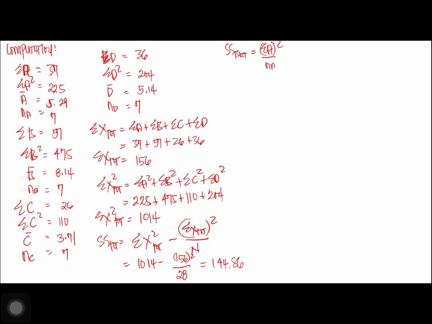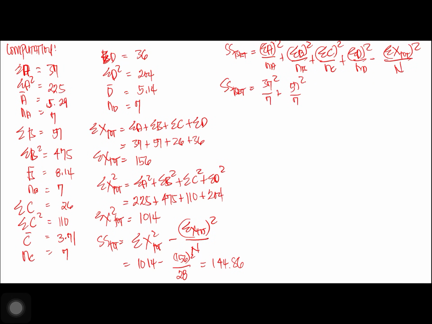For SS between, that would be summation of A squared over NA plus summation of B squared over NB plus summation of C squared over NC plus summation of D squared over ND minus the summation of X total squared over N. So for SS between, we have 37 squared over 7 plus 57 squared over 7 plus 26 squared over 7 plus 36 squared over 7 minus 156 squared over 28.